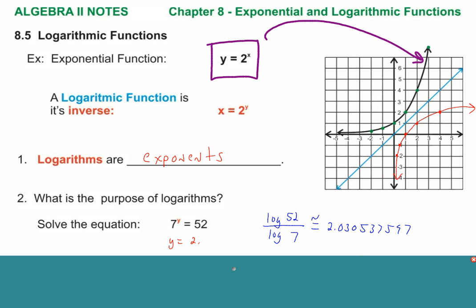And if you were to take 7 as a base, use your exponent button, and punch in 2.030537597, you're going to see that your calculator is going to tell you 52.